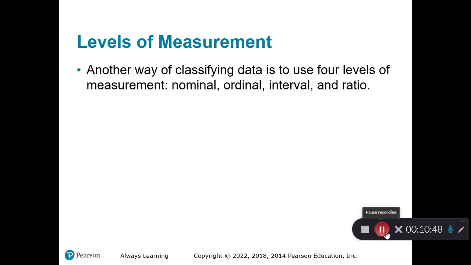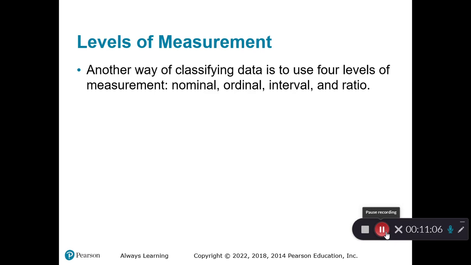This next slide is going to back us all the way up to the top of that diagram. Now we're going to look at all data falling into one of four different classifications.